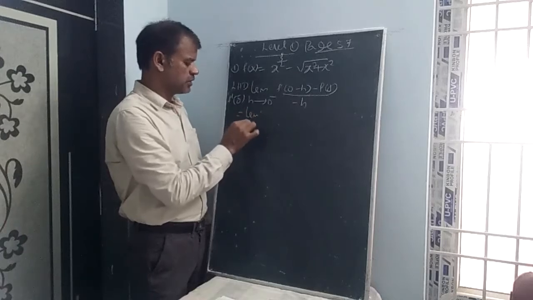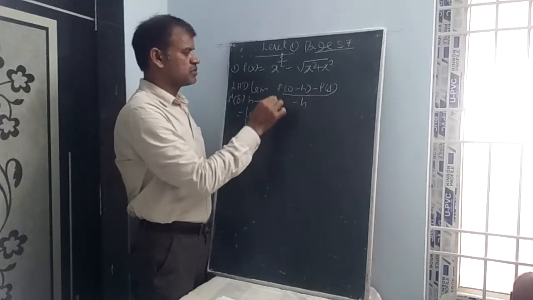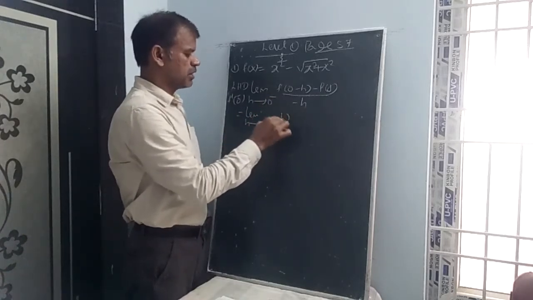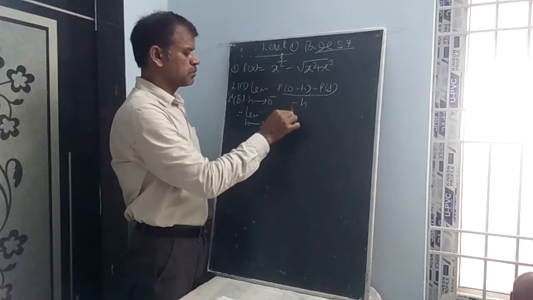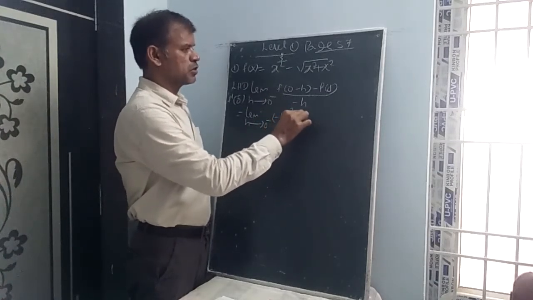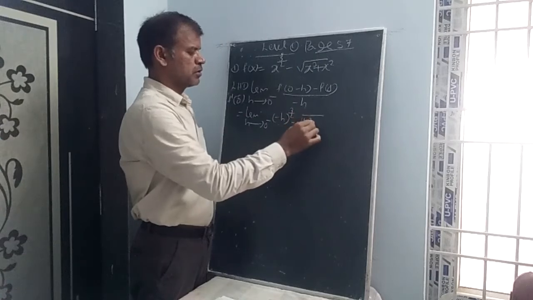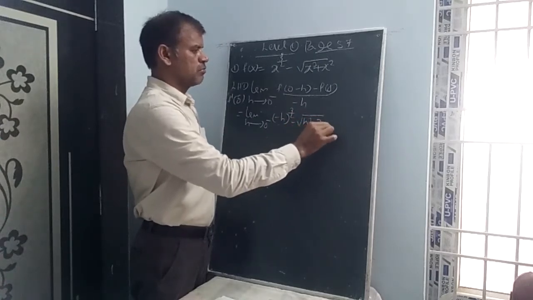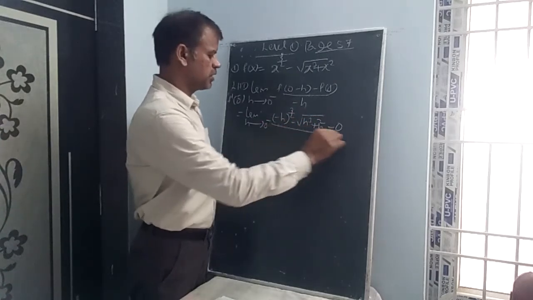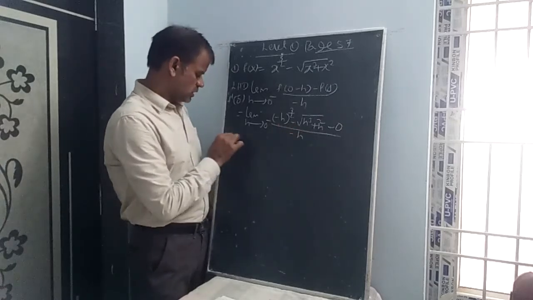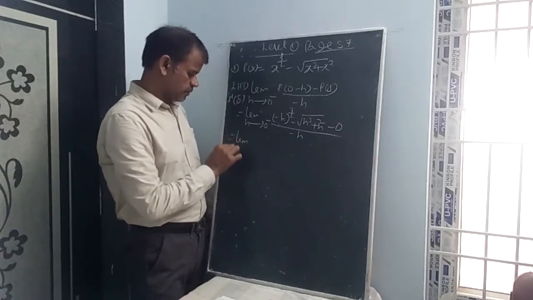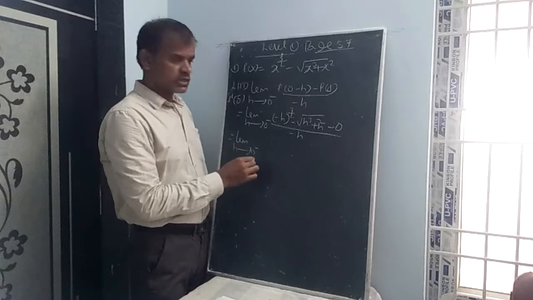So limit h tends to 0 minus, f of 0 minus h can be written as minus h power 3 by 2 minus square root of h cube plus h square, minus f of 0 which is 0, by minus h. So that is equal to limit h tends to 0 minus.